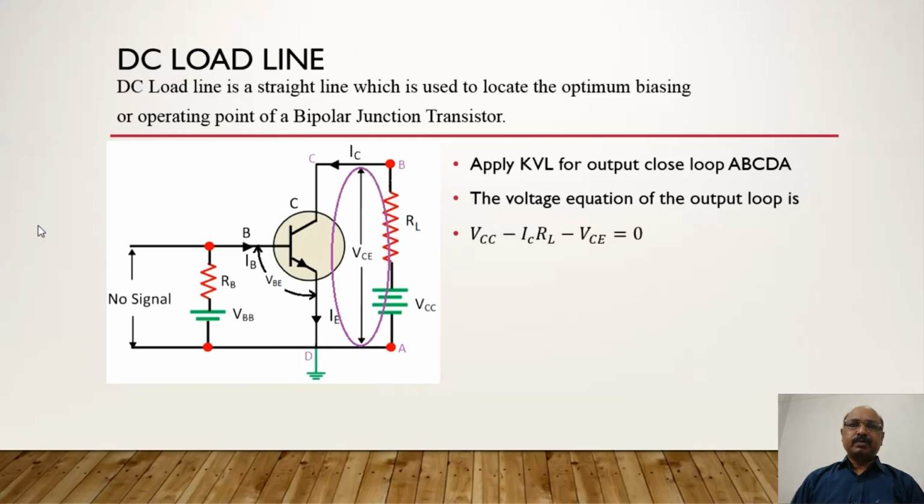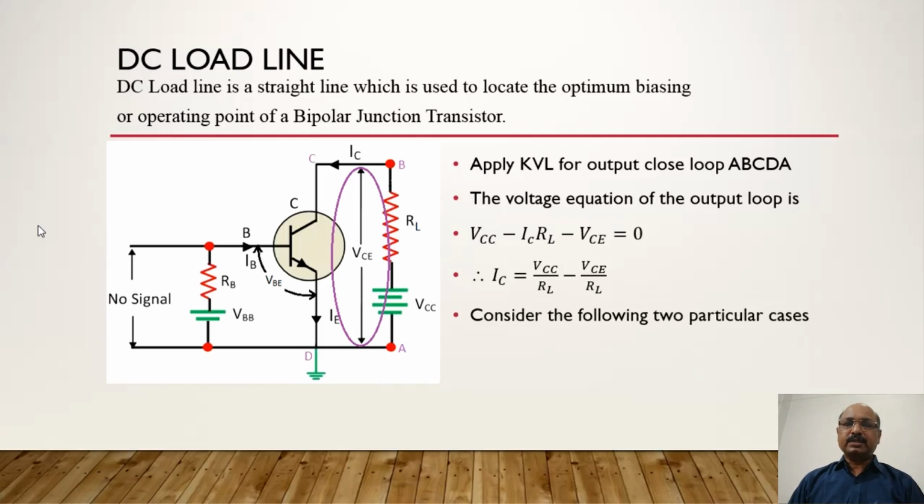The current and loop direction are opposite to each other, so we write a negative sign for the IR drop across RL, that is minus IC into RL, minus VC is equal to 0. Therefore, we can write the equation as IC is equal to VCC divided by RL minus VC divided by RL.